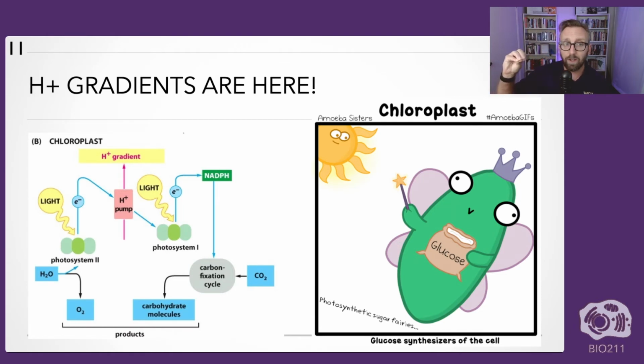The energy from that electron will be used to move protons across a gradient and make that gradient. Then at another photosystem, more light will hit there. The electron will go up and it'll be put onto a carrier. So you've moved the protons and you've made a carrier molecule. Those can then be used to do carbon fixation.